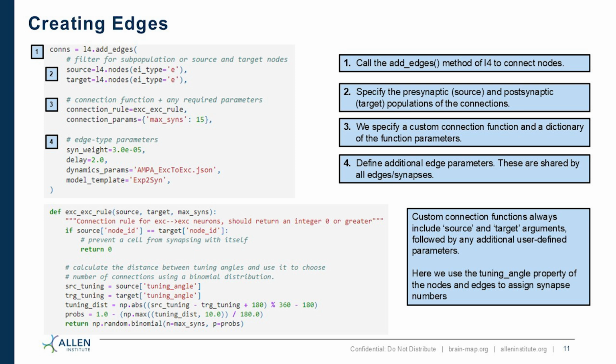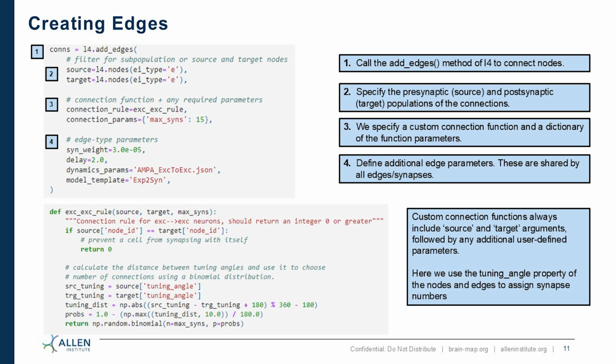We specify our source and target, and we define a connection rule that is going to take all the properties that we've defined for the pre and post synaptic populations and return the number of connections, 0 or more, between that pre and post synaptic putative connection.